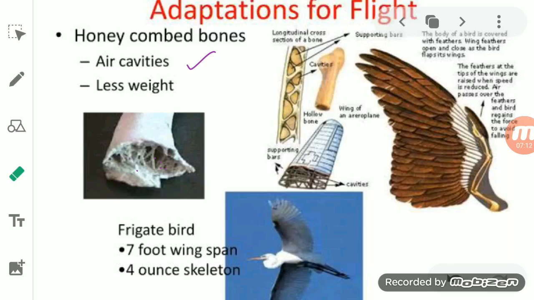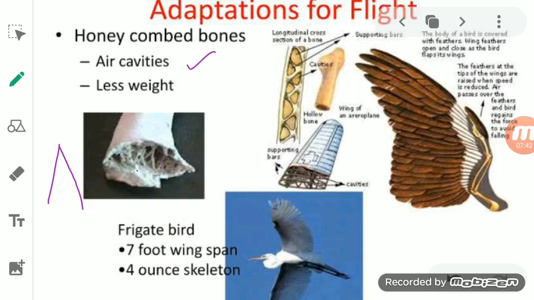The birds have a streamlined body shape. In very simple language, a streamlined body means a boat-like body. Have you seen a boat? The structure of the boat is like this. This boat-like, cone-shaped structure we call a streamlined body. This streamlined body is used by the bird because it reduces the resistance applied by the air.